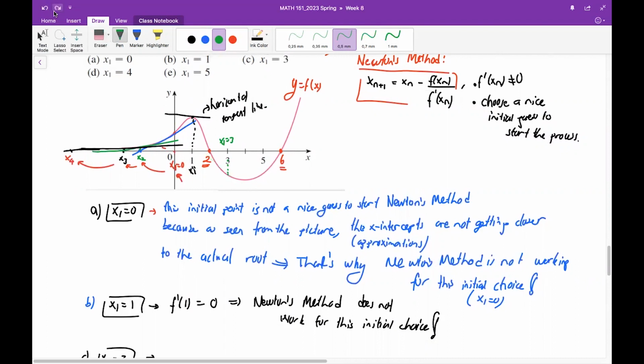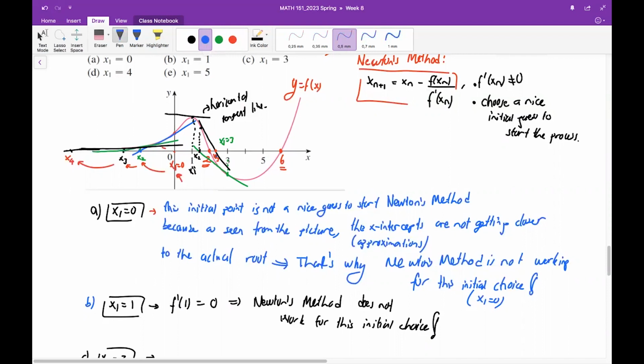I'm sorry, there is a problem with my drawing of tangent lines. Okay, you see the x-intercept is here. Let's call it x2. Then I need to draw another tangent line at the curve. I draw it like that. And then the next intercept, let's call it x3. And it is here. And keep doing the same process.